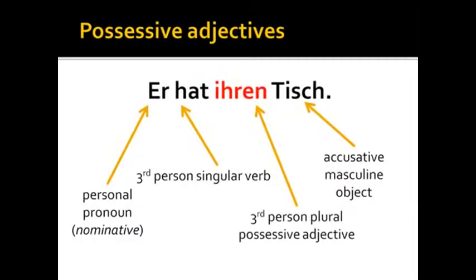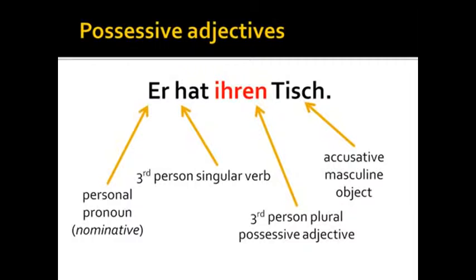Now, we have a similar sentence, except this time we have replaced mein with ihr, or her. I'm using this slide as an example to show you that even though the possessive adjective is changed, and it doesn't have ein in the stem, we're still going to decline it in the same manner.